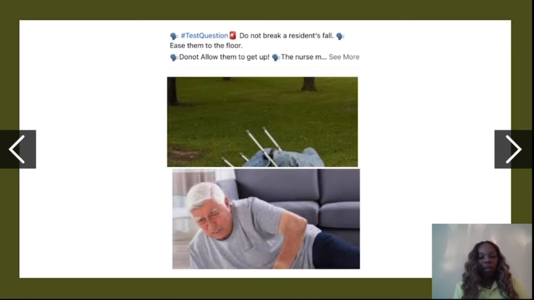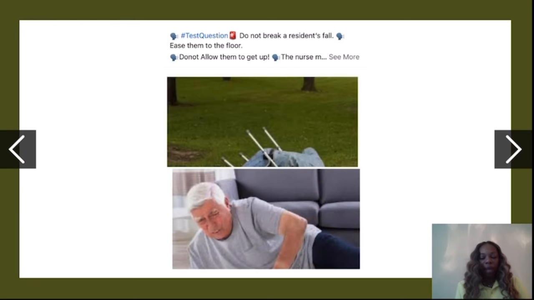Residents generally fall in the bathroom or during shift change, especially during shift change when observation is not as keen as it would be during the shift. People are distracted trying to give reports, and patients are known to fall more frequently during this time.